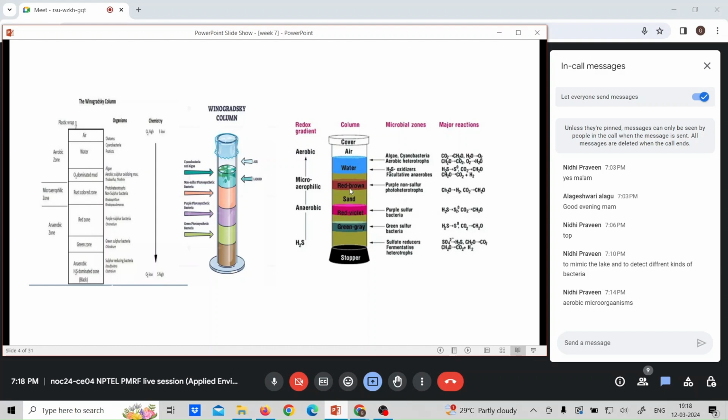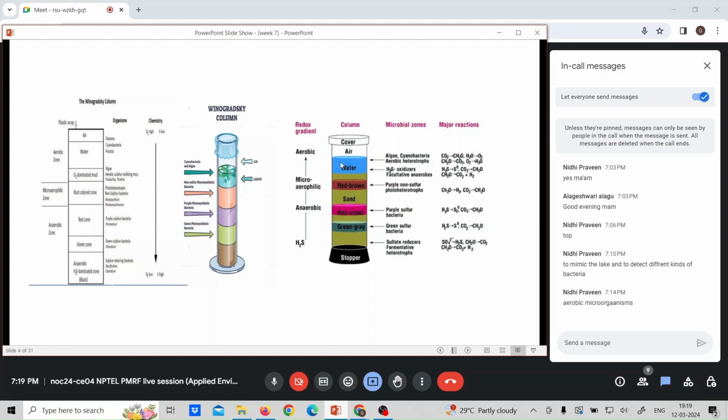Then comes the anaerobic zone, where you can find purple sulfur bacteria, green sulfur bacteria, and then the sulfate reducers. These reactions represent the electron donor, the electron acceptor, and what happens in their metabolism. It's just an overview of that.